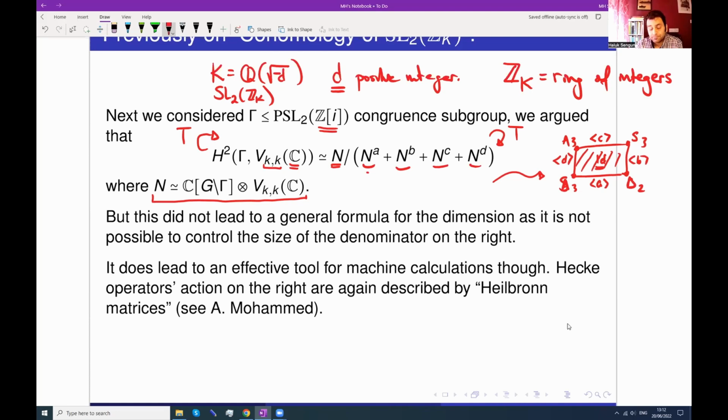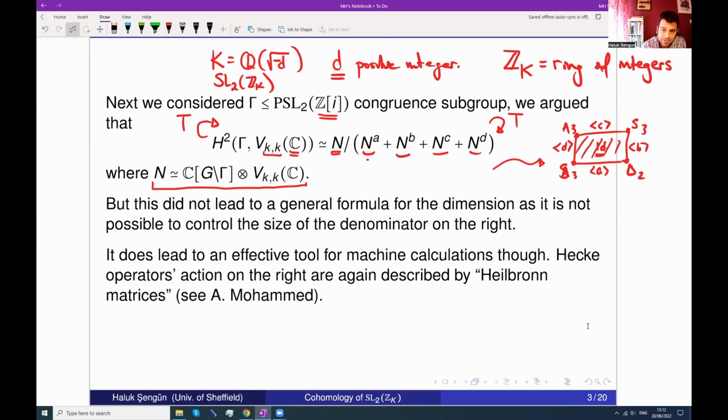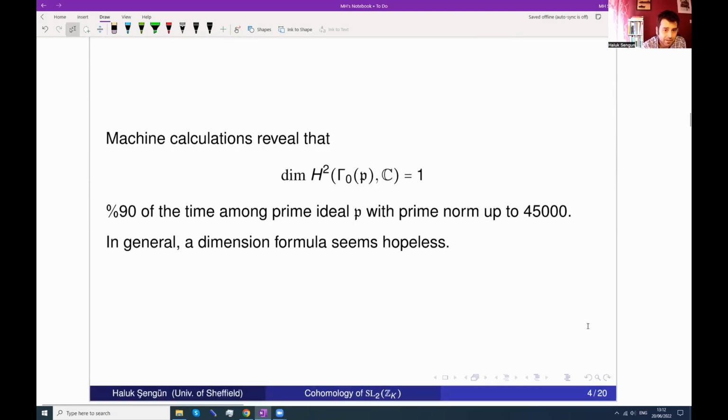And in fact, as I discussed last time, once you do some explicit computations and look at the dimensions, you feel like maybe there is no dimension formula after all. It's so erratic.